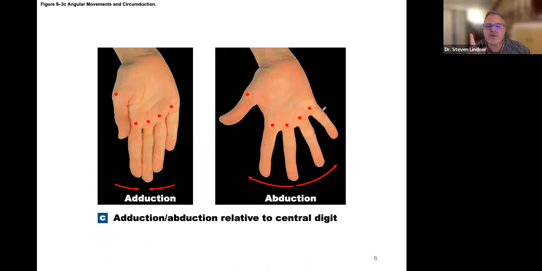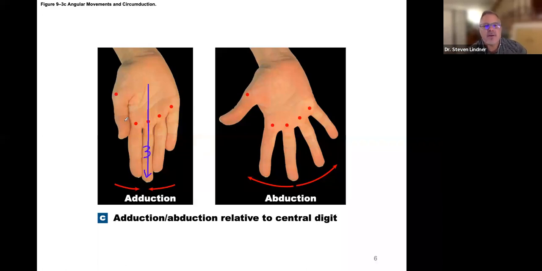Now, fingers are a little different. With fingers, midline is the third digit. This is the reference point. When you move the fingers and spread them apart or bring them together, it's not in reference to the trunk. So the third digit, digit number 3, is the reference point.